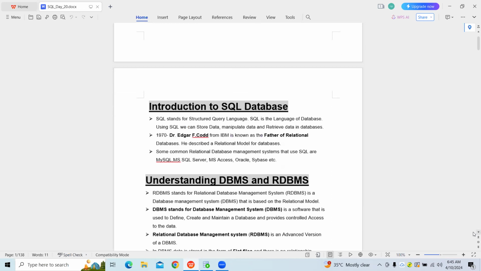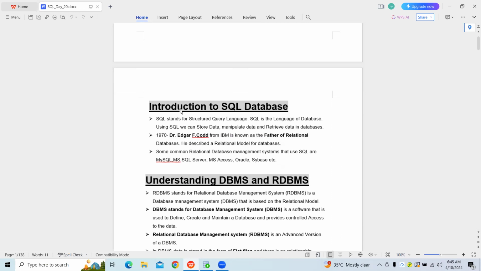So people, now we'll start with introduction to SQL database. In this introduction to SQL database, we'll learn what SQL stands for and who has developed it. So people, simply, SQL stands for Structured Query Language. It is the language of a database.